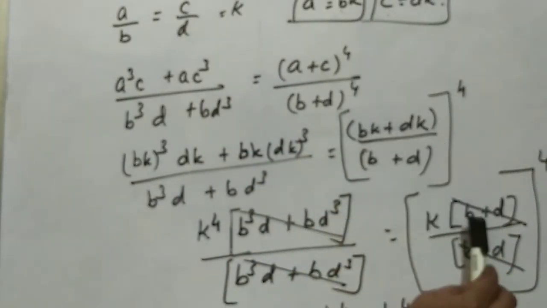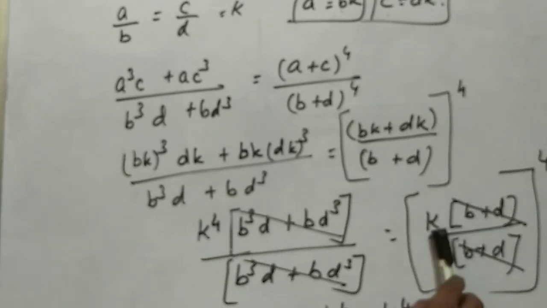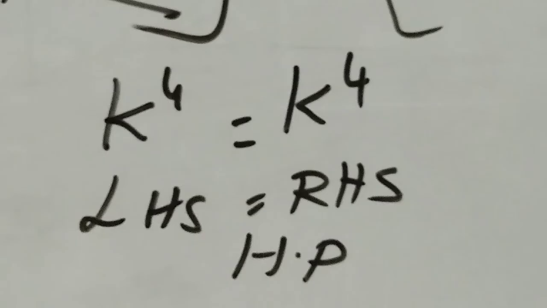And the remaining b plus d upon b plus d. So, these two brackets same, we can cancel it. So, what is left? k power 4. So, k power 4 is equal to k power 4. Left hand side is equal to right hand side. Hence, proved. Clear?